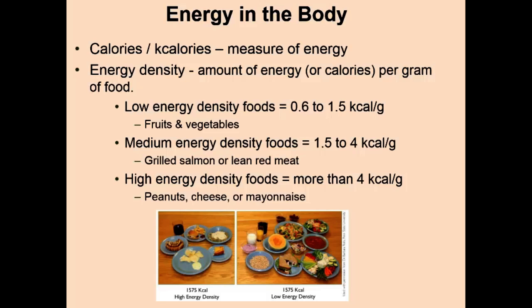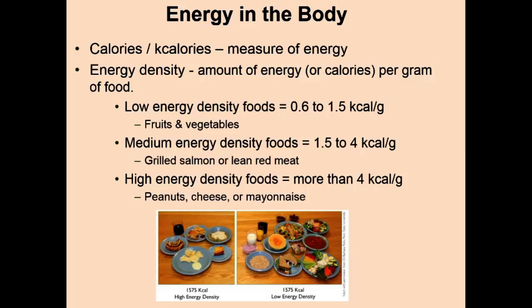In order to make the math a little easier to handle, the calories are actually calculated as kilocalories. A kilocalorie is 1,000 calories. This is what is actually used when somebody is talking about the calories of food. It's based on 1,000. So calories or kilocalories are measures of energy.